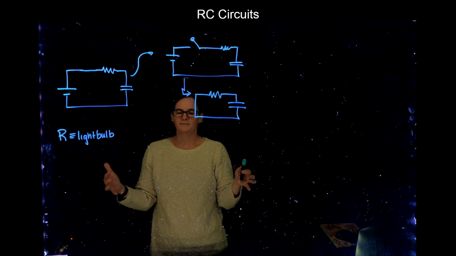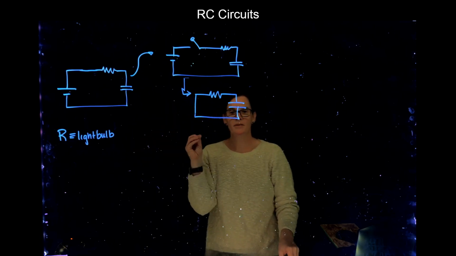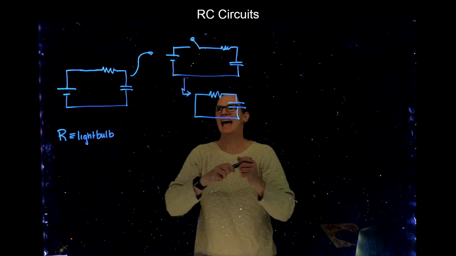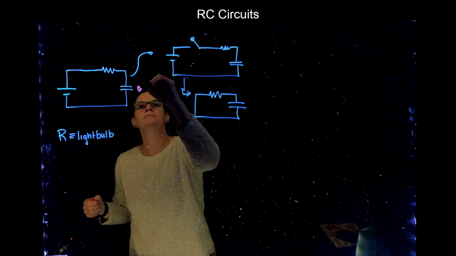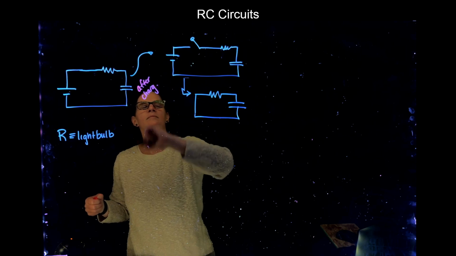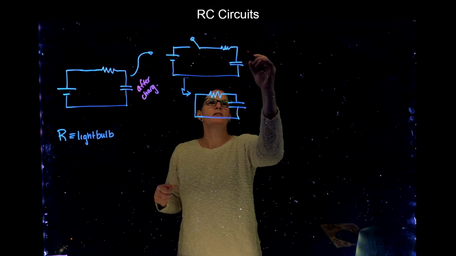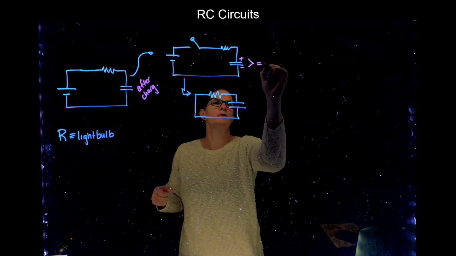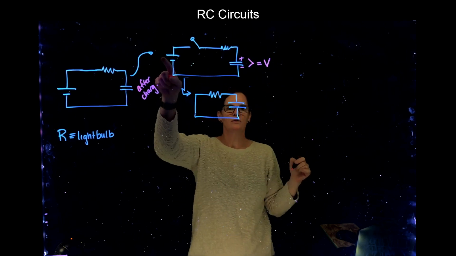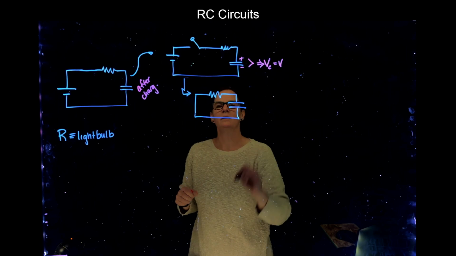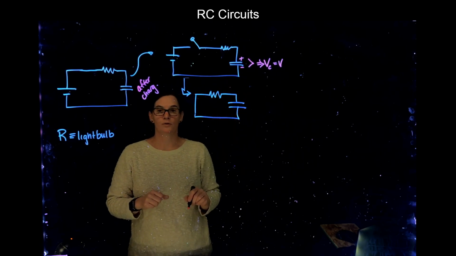What happens? Well, think about the situation that we have. When we are in this situation after charging, this capacitor has a high potential and a low potential equal to the voltage source. So remember, the capacitor's voltage is now equal to the voltage of the source.